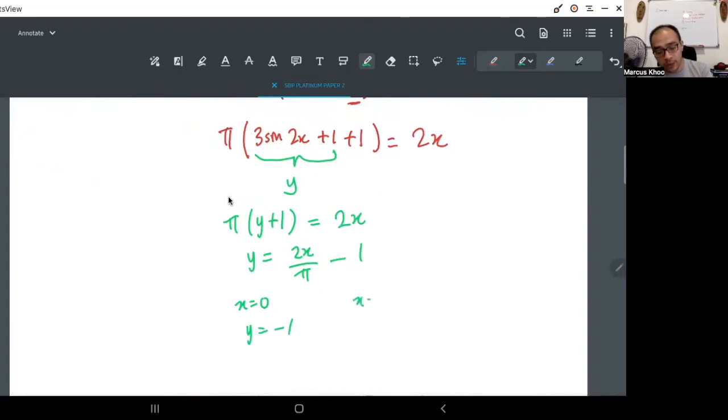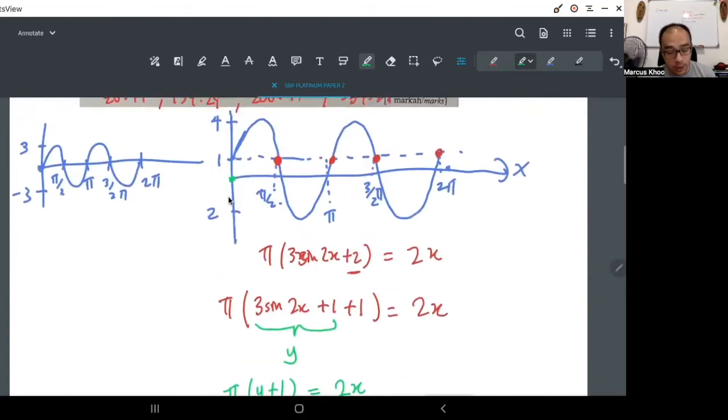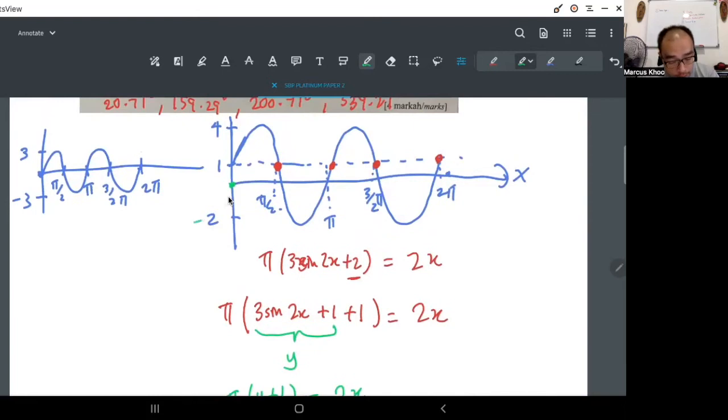And when x equals 2 pi, y equals 4 pi over pi minus 1, which is 3. So negative 1 is somewhere here, and 3 is somewhere here. So 3 is here, negative 1 is here. So when I draw the straight line, I will get 1, 2, 3 solutions.